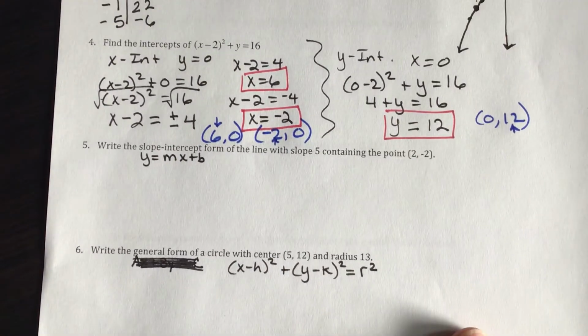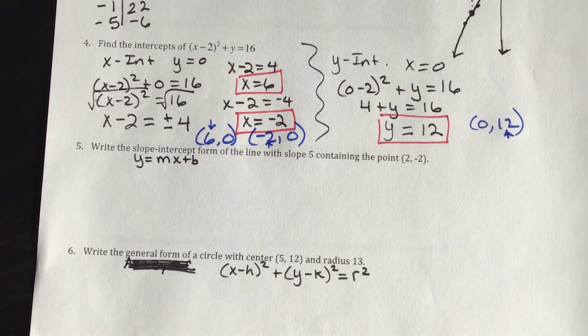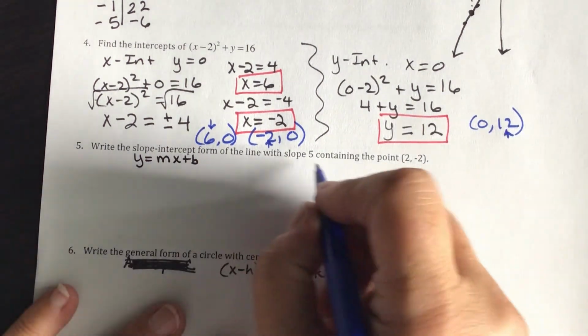Number 5, write the slope-intercept form of the equation with slope 5 containing the point 2, -2.